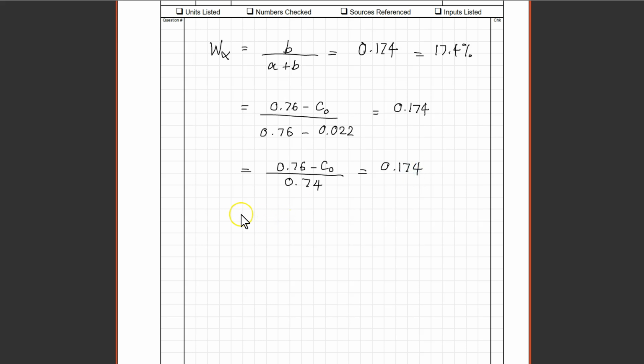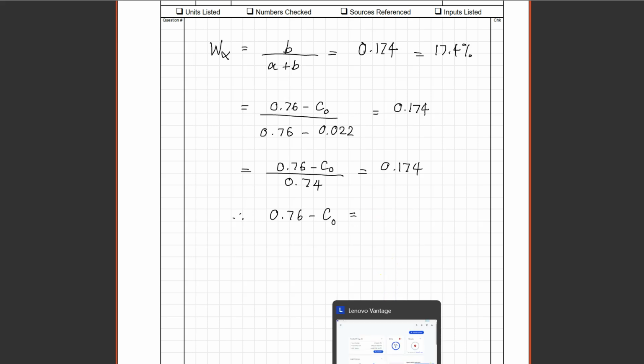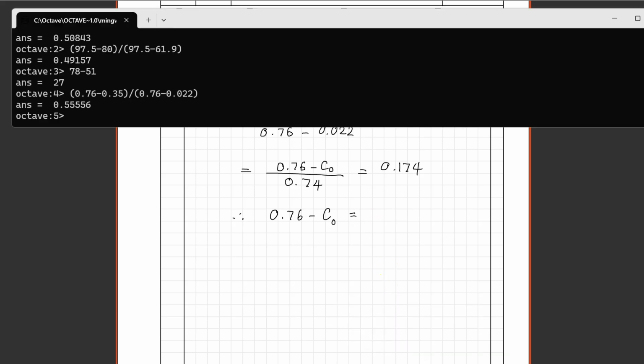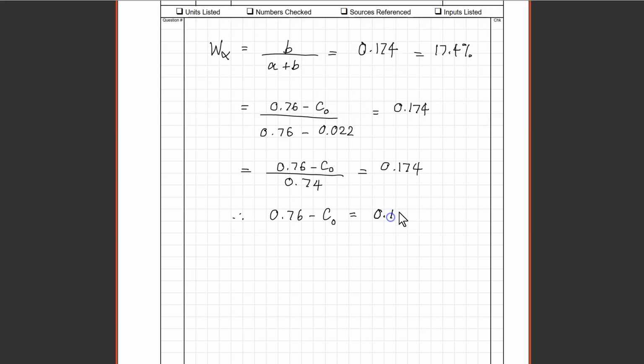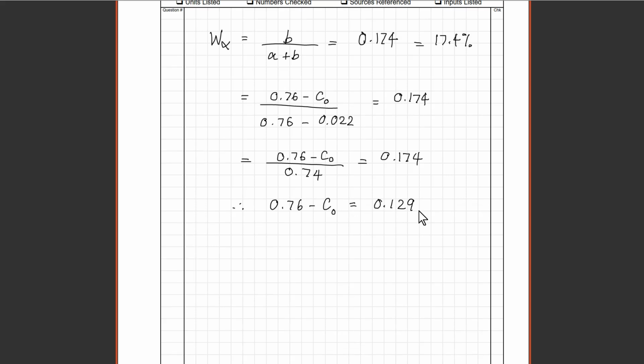So this is equal to 0.174. Therefore, 0.76 minus C sub 0 is going to equal 0.174 times 0.74, which is 0.129. Keeping the working to 3 decimal places or 3 significant digits is plenty.